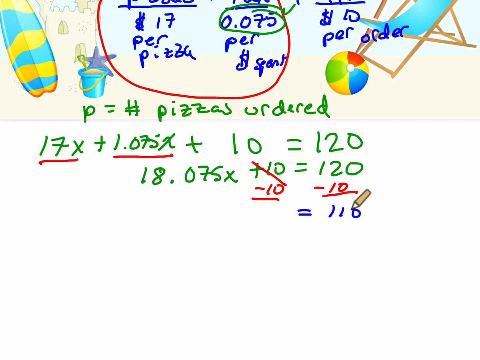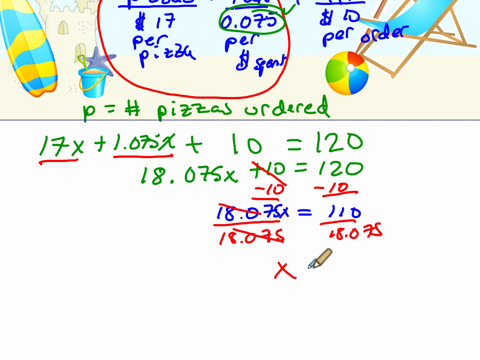That leaves me 18.075 times x equals 110. Now I'm going to divide both sides by 18.075. On the left side it leaves me x by itself, and on the right side it leaves me, not exactly, but approximately 6.085.